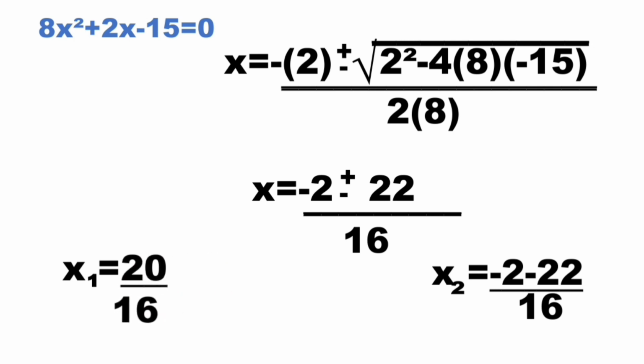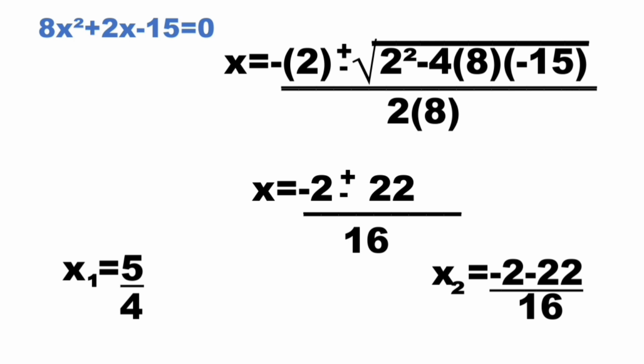Reducing to its lowest terms, the numerator and the denominator are divisible by 4. So we have 5 over 4 as the first value of x. X sub 1 equals 5 over 4.